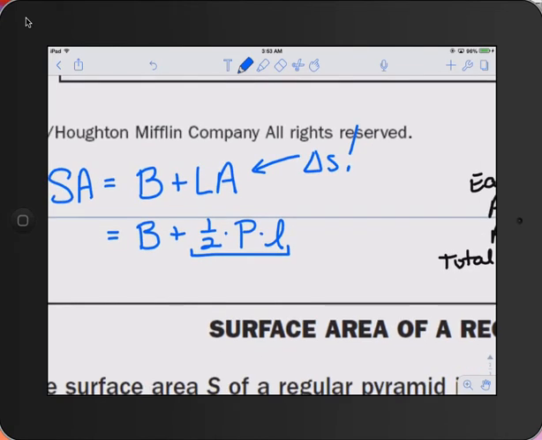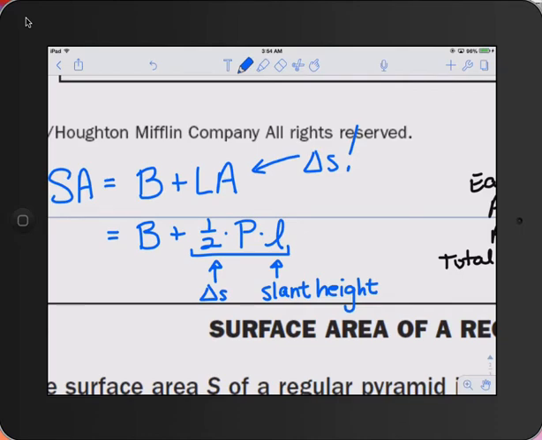Now again, the reason you want to remember the 1/2 is because they're triangles, so it's not base times height, it's 1/2 base times height. And the reason it's slant height is because the height of each of the lateral faces is actually not the height of the pyramid, it's the slant height of the pyramid.